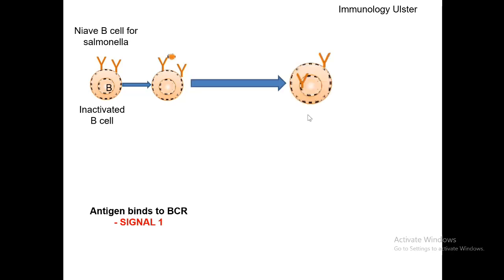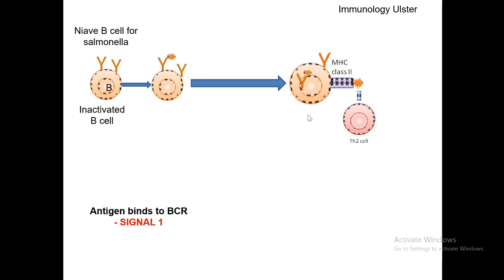What then happens is the B cell will internalize the antigen, break it down, and present it on MHC2. It will then start to interact with a Th2 CD4 helper T cell. That CD4 helper T cell will recognize the antigen that we're hoping to have an immune response against using its T cell receptor.